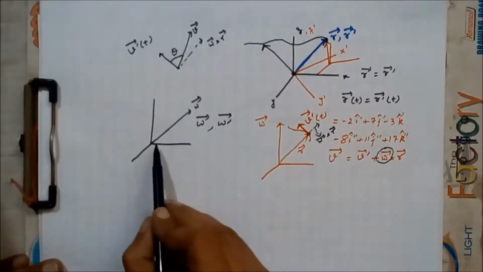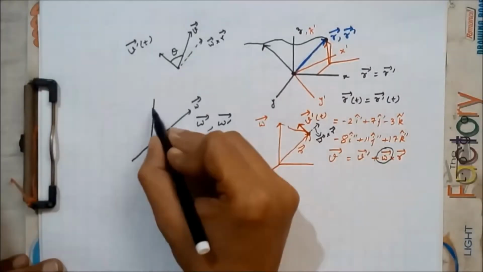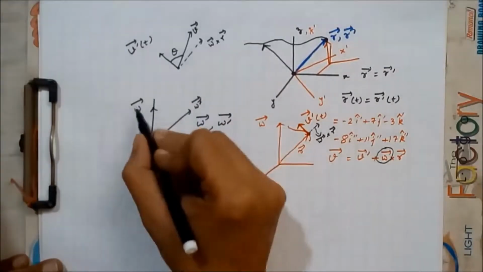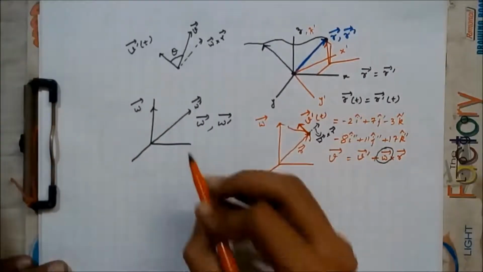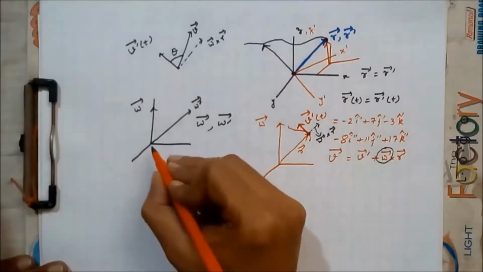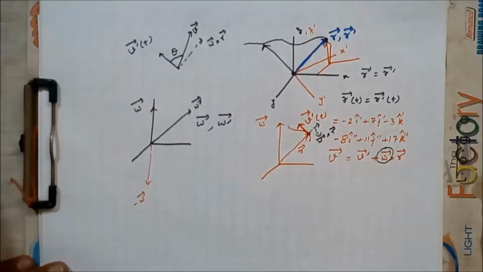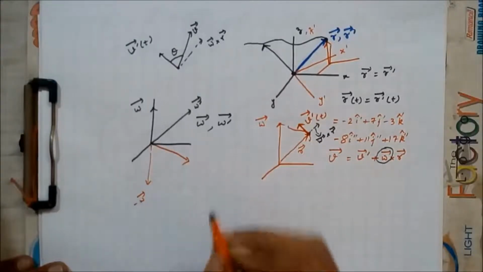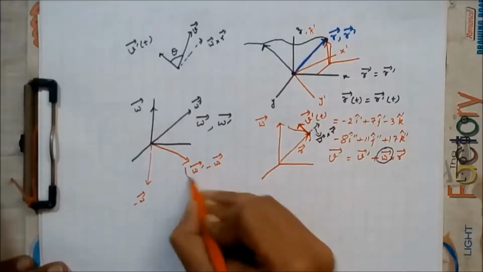But if my original frame of reference was itself rotating, maybe its omega was in this direction, let's call this omega primed and let's call this omega, then in that case the angular velocity of the primed frame with respect to the unprimed frame would have been different. So in that case, the angular velocity of the primed frame would have been something like this, omega primed minus omega.